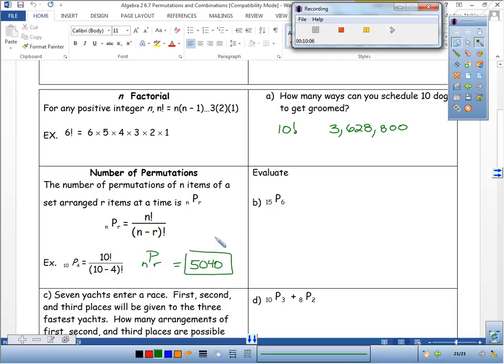Let me make sure 5,040 is what it should be. Yes, 5,040. Then you just hit the button wrong. So hit 10. Don't do this. Delete all that. Hit 10.